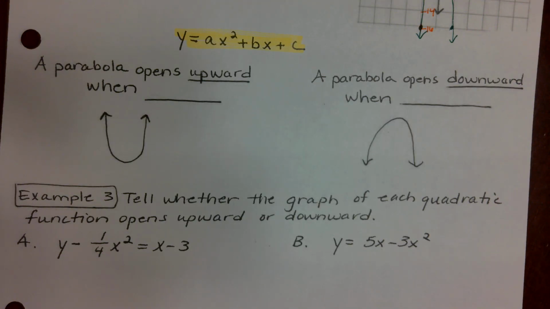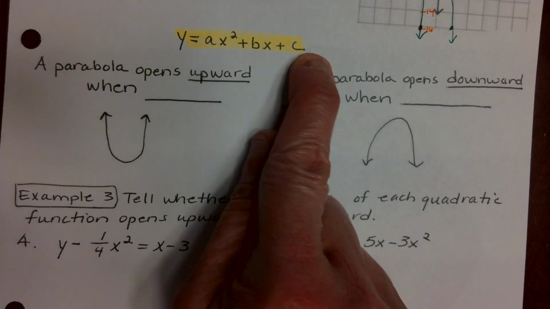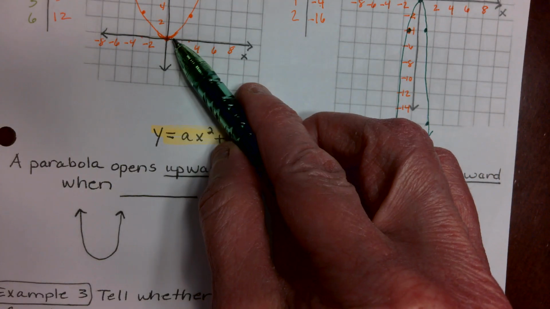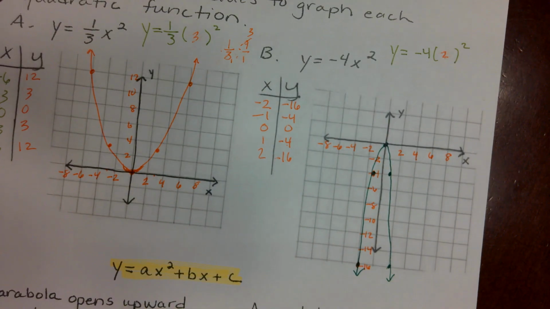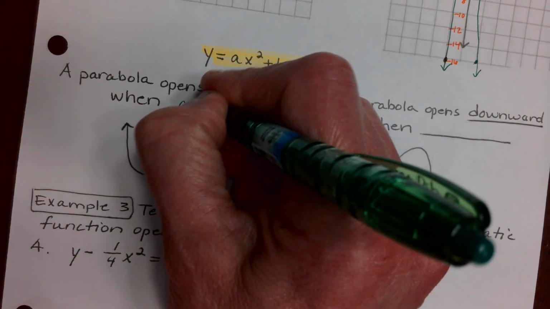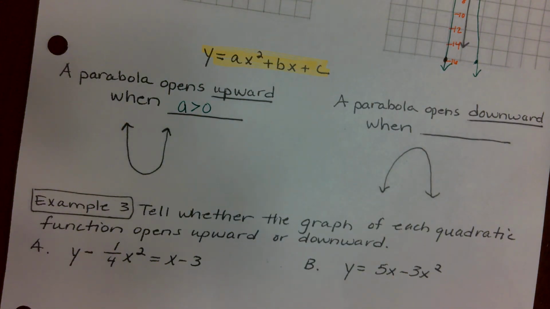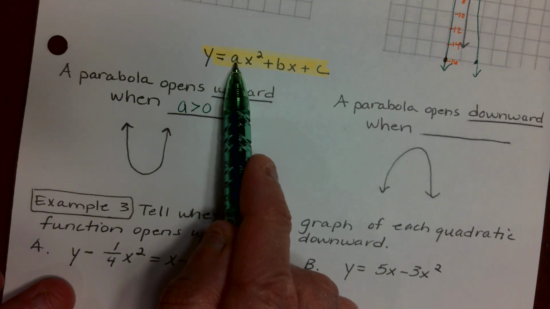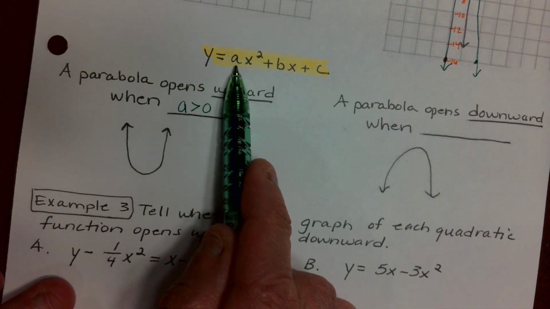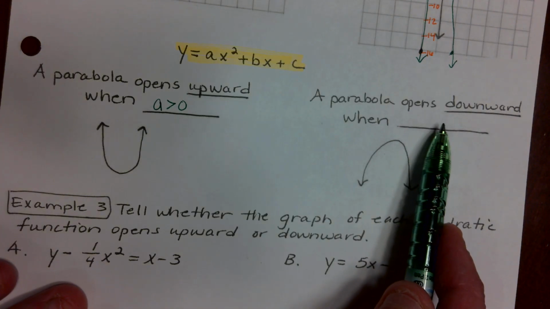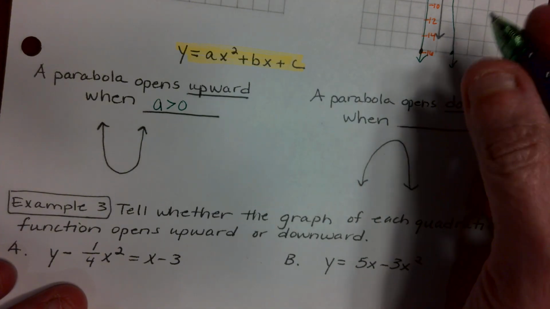So you can actually tell by looking at an equation if a parabola is going to open up or not. And when I say that, I'm saying here, this one opens up, this one opens down. Well, guess what, folks? If A is greater than 0, it's going to open up. So if the number before the x squared is greater than 0, meaning positive, it's going to open up. And what do you think is going to happen to make it go down?